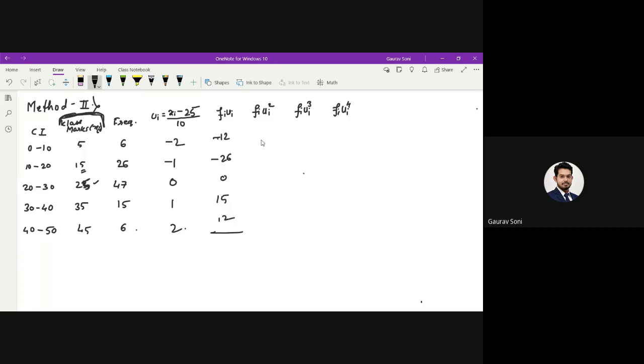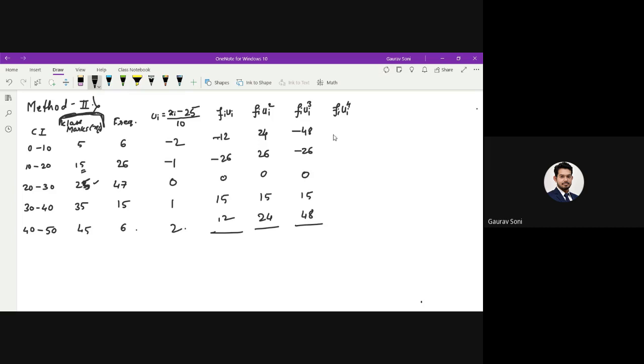Fi ui square will be 24, 26, 0, 15, 24. Fi ui cube is minus 48, minus 26, 0, 15, 48.